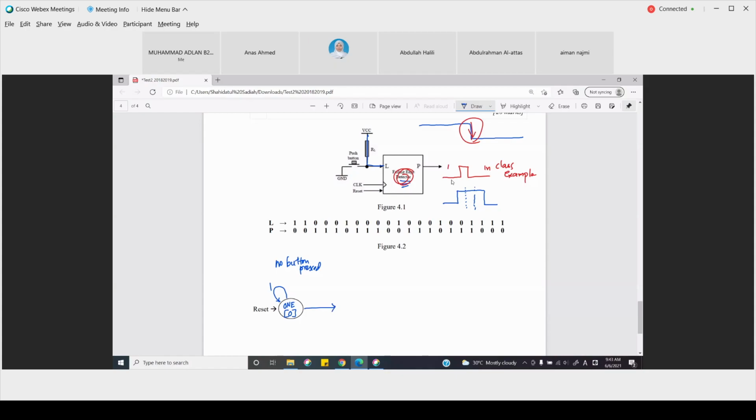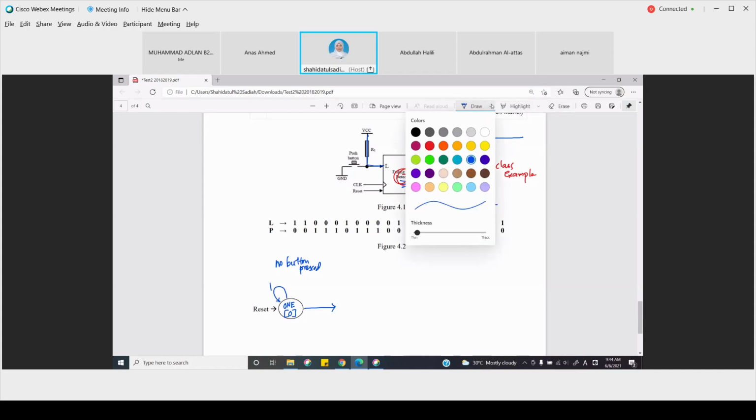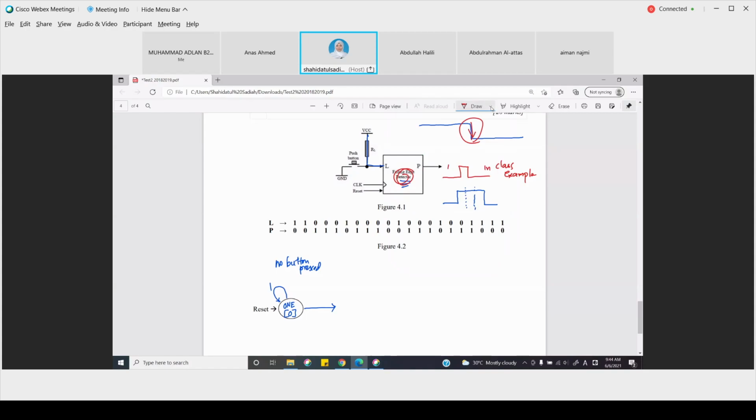And then if we detect that the button is pressed, L will receive 0. The button is pressed, L will receive 0. Here, 0.